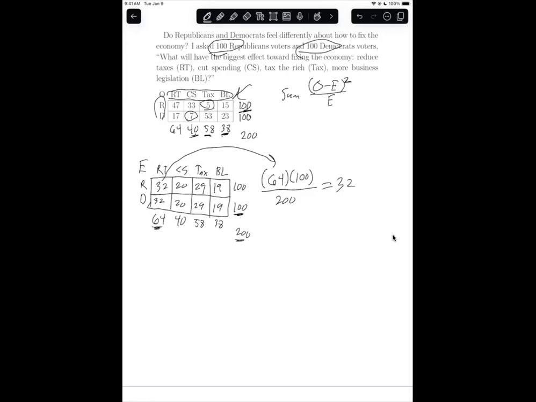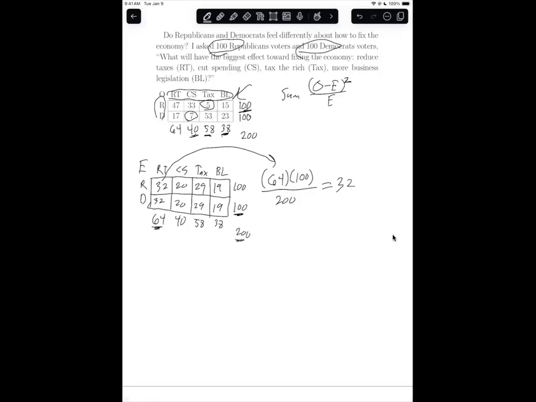And you'll notice that 19 plus 19 equals 38, 29 plus 29 equals 58, 20 plus 20 equals 40, and 32 plus 32 equals 64. So the marginal totals from the observed frequency table are the same as the marginal totals of the expected frequency table.